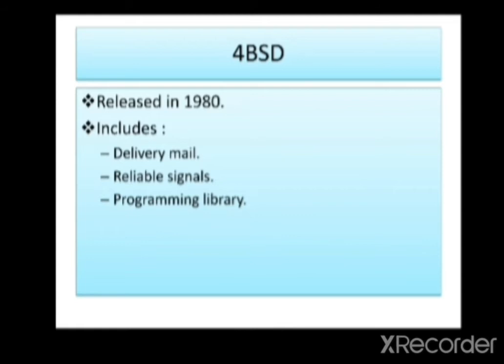In the previous version, it released Delivermail, Reliable Signals and the Curses programming library. Many organizations would buy a 32V license and order 4BSD from Berkeley. There were many installations inside the Bell system, like 4.1BSD, 4.2BSD, 4.3BSD and 4.4BSD.